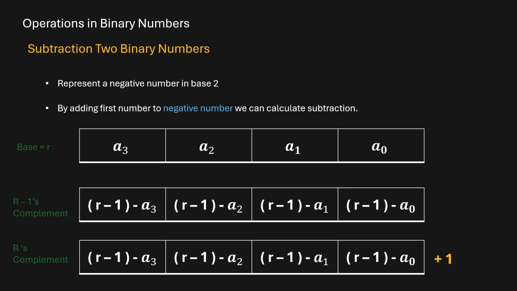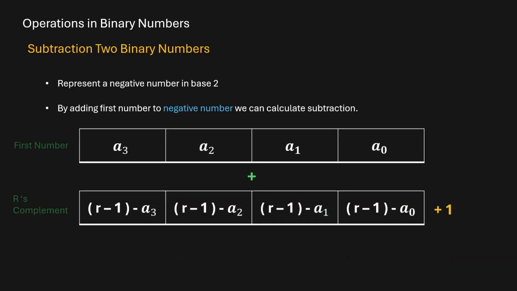To compute the (r-1)'s complement, we subtract each digit from r-1 and replace it with the result: r-1 minus a0, r-1 minus a1, r-1 minus a2, r-1 minus a3. Then we add 1 to the resulting number to obtain the r's complement. Finally, to perform subtraction, we add the first number to the r's complement of the second number, and the result of the subtraction is obtained.